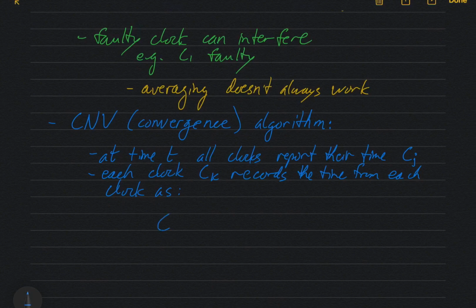The time that it gets from clock J is recorded as the time that clock J told it, if the difference between clock J's time and clock K's time, the one recording it, is less than some error bound epsilon. If they are too far apart, then it replaces clock J's time with its own.